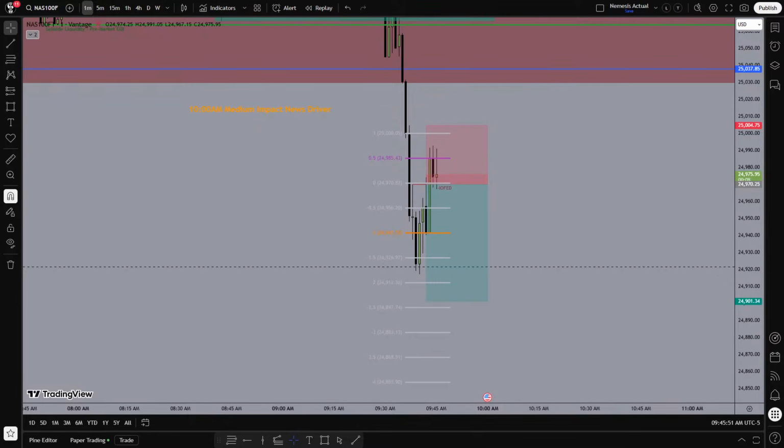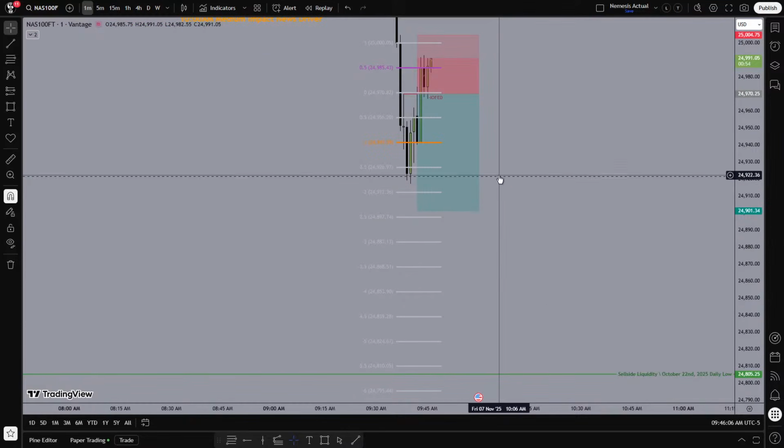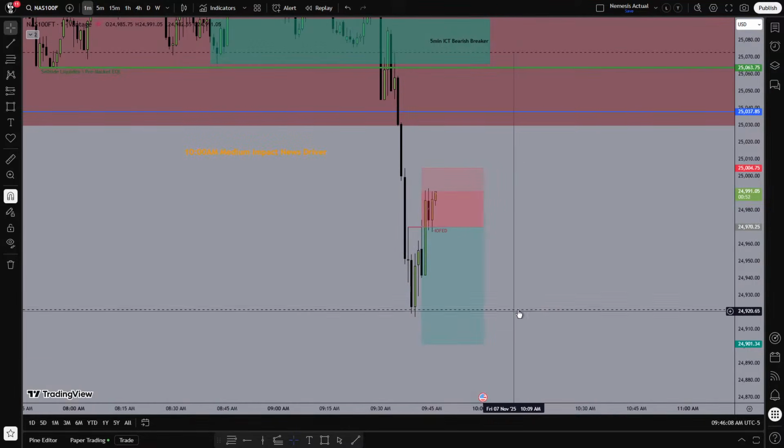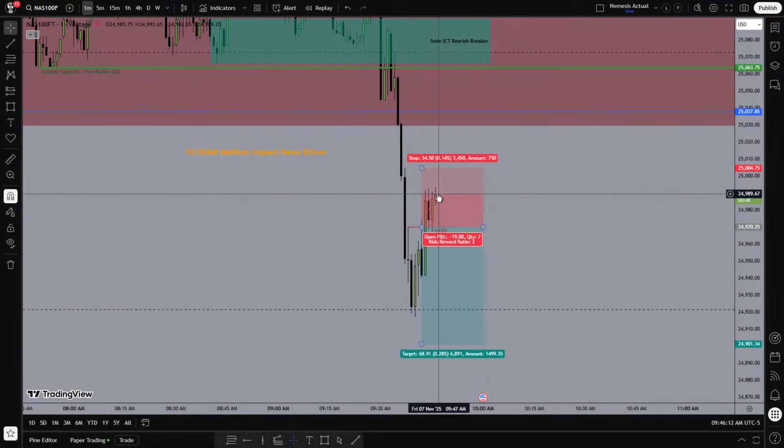ES traded below that sell side October 22nd low. Nasdaq is still over here, so we did deliver to the wick. So that would kill the trade.